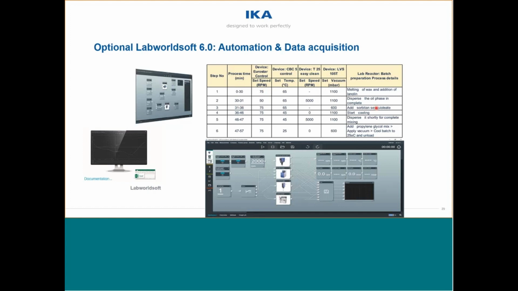So what you need to do is only manually add your sample, depending on your process time. This is the advantage of using our LabSoft, which can control all the IKA instruments. And the results of your formulation can also be documented for future reference.